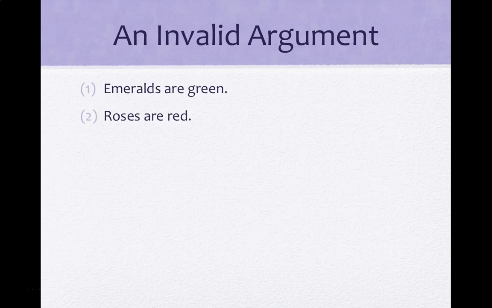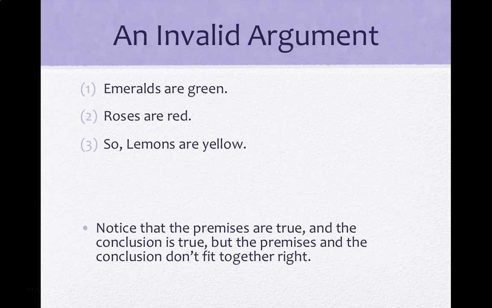Emeralds are green, roses are red, so lemons are yellow. This is a weird one, kind of like our fish and ladder argument we just were looking at. But notice that the premises are all true, and the conclusion is true, but the premises and the conclusion don't fit together in the right way.